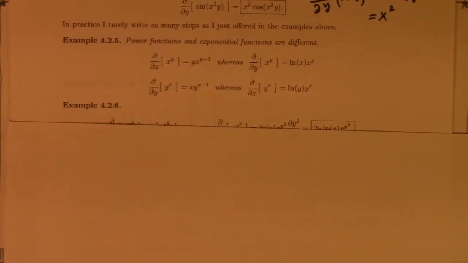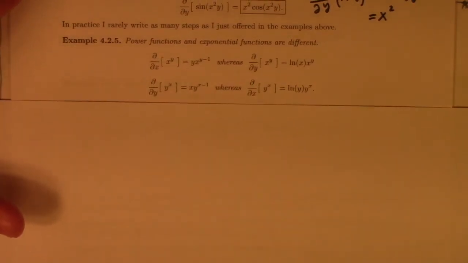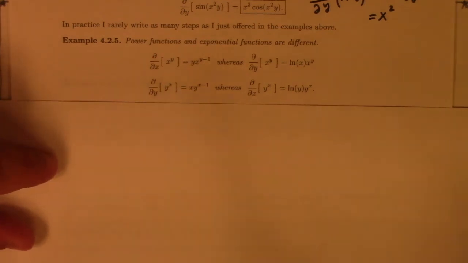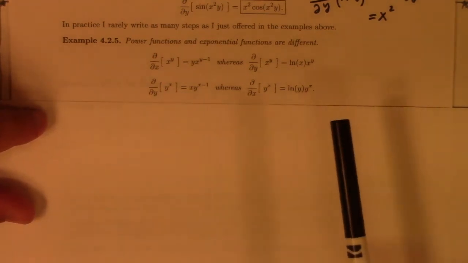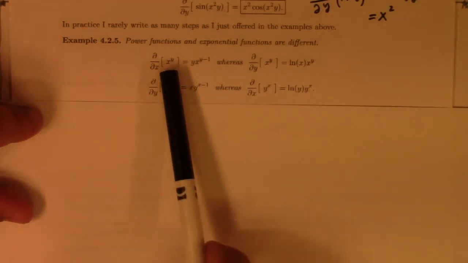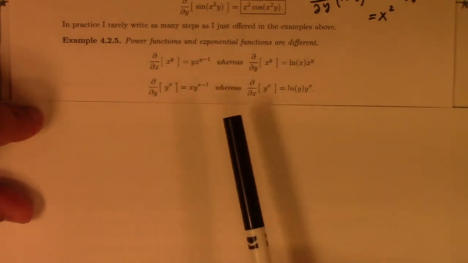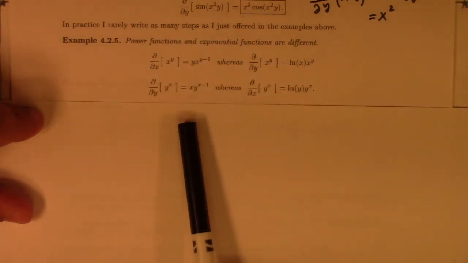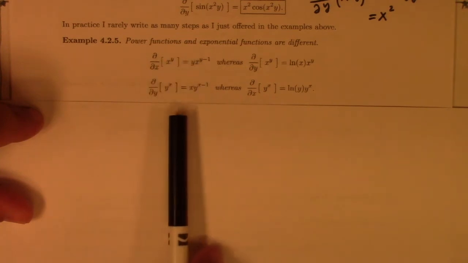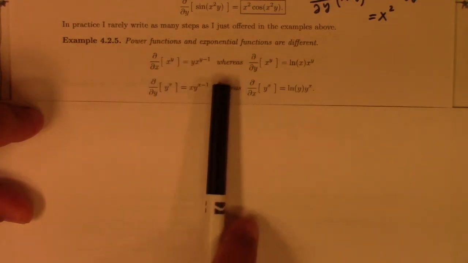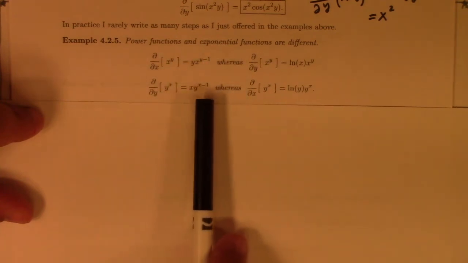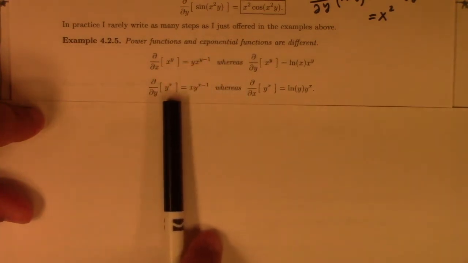This always kind of gets students a little bit because you got to think about the difference between two kinds of functions, like x to the y versus y to the x. Notice here I'm differentiating with respect to x and differentiating with respect to y. So we get the usual power rule. We lower the power by 1 and we multiply by the power originally, right?